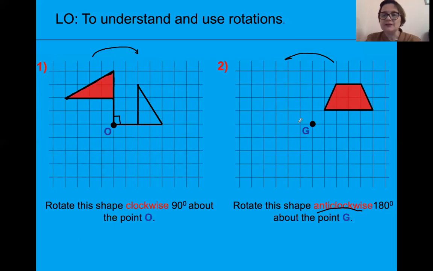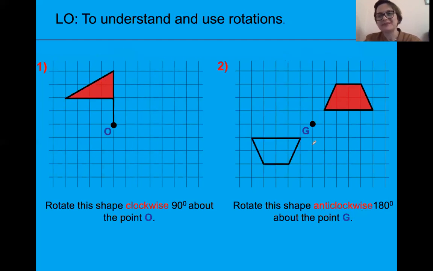Again, join the closest point of the 2D shape with the center of rotation with a straight line. Use a ruler, please. And then with tracing paper in your hand, place the tracing paper on top of the trapezium, and after you place it, spin it this way.